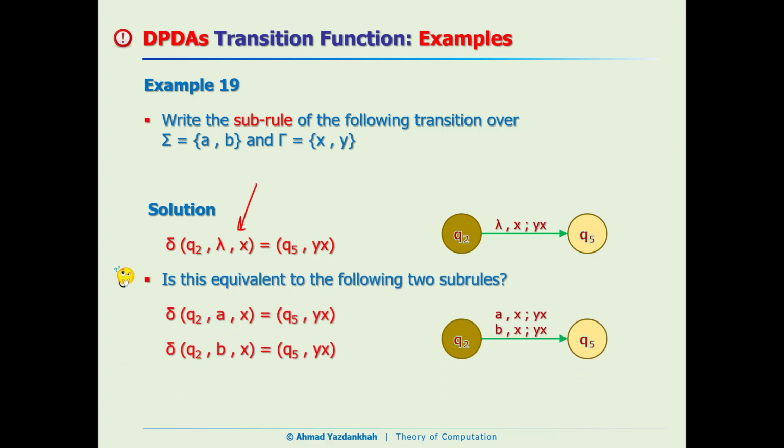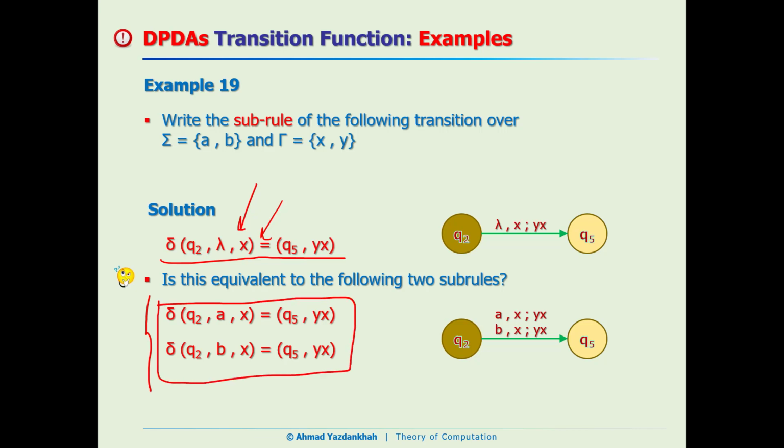Is this subrule equivalent to these two? Could we remove this, and instead of this one subrule, put these two? In other words, we consider this lambda as a wildcard, and say, okay, if it is A and the top of the stack is X, go to Q5 and push YX. If the input symbol is B and the top of the stack is X, then do the same thing. Could we replace these two with this one?